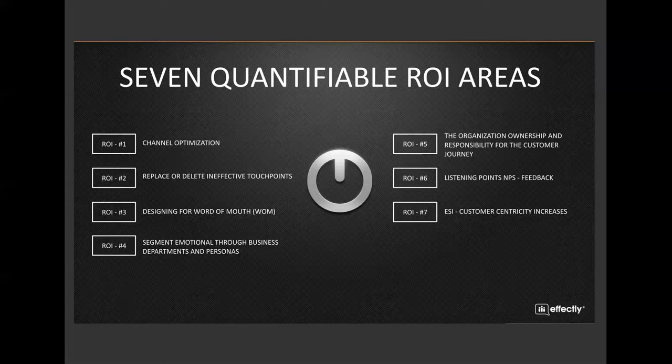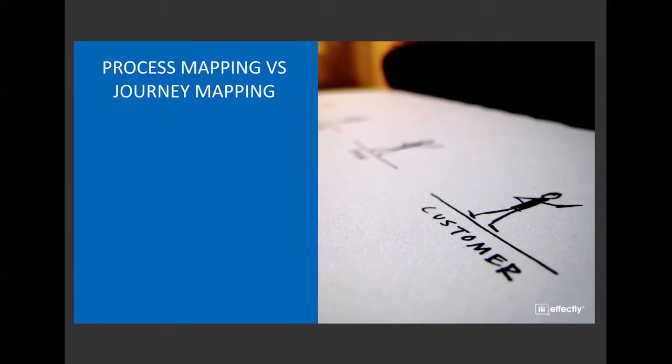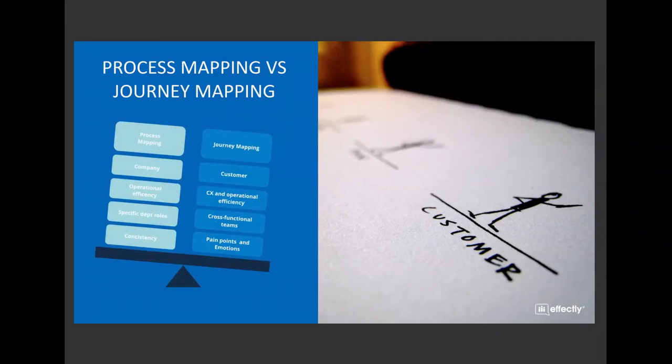You can start to design for word of mouth because you want your customers to recommend you and to recommend your product or services. So start to design for that directly. You can also, based on the personas, start to do segmenting of emotional experience throughout the business departments.